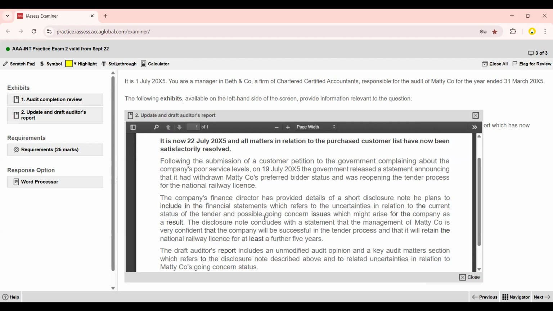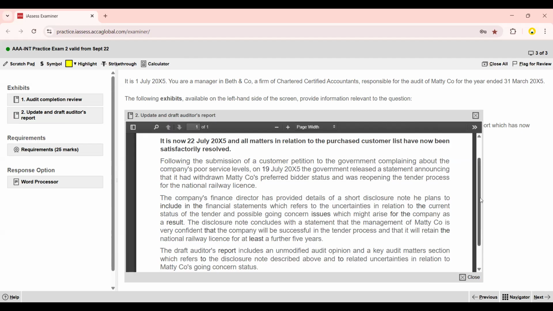The disclosure note concludes with a statement that the management of Matty Company is very confident. Again, the management is confident. Look, management is always confident in every situation. Even if they have one penny in their account, they will still be confident that it will retain the National Railway license for at least a further 5 years.